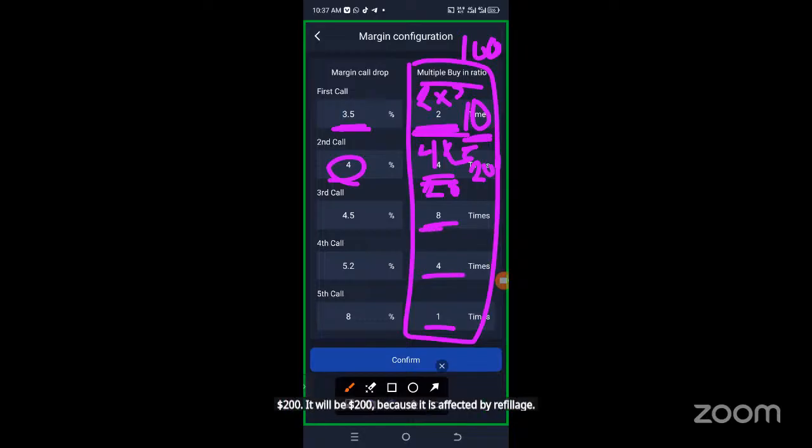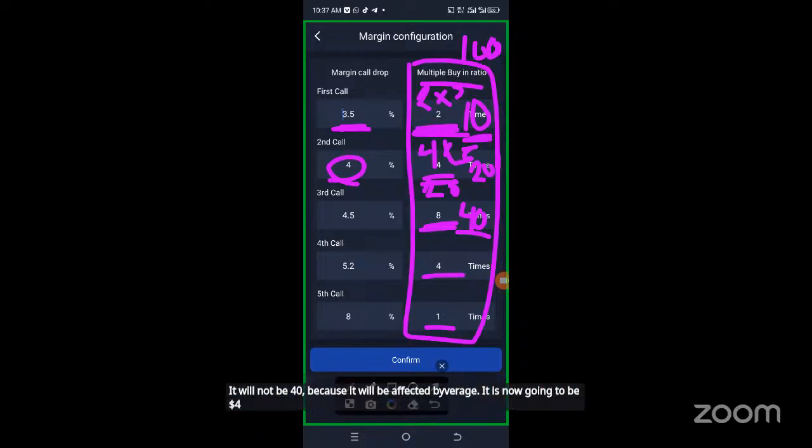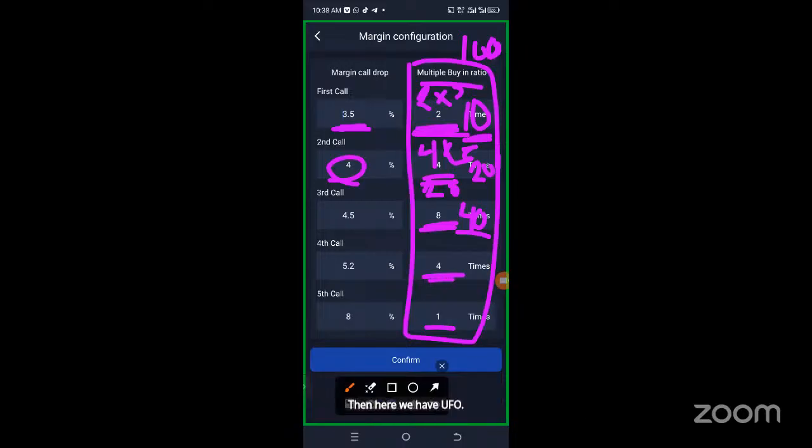Here we have 8. It will be 8 times 5. And here we get 40. It will not be 40 because it will be affected by average. It is now going to be $400 that the robot will put in the market plus average. Then here we have 4, which is 4 times 5, and this is 20 also.